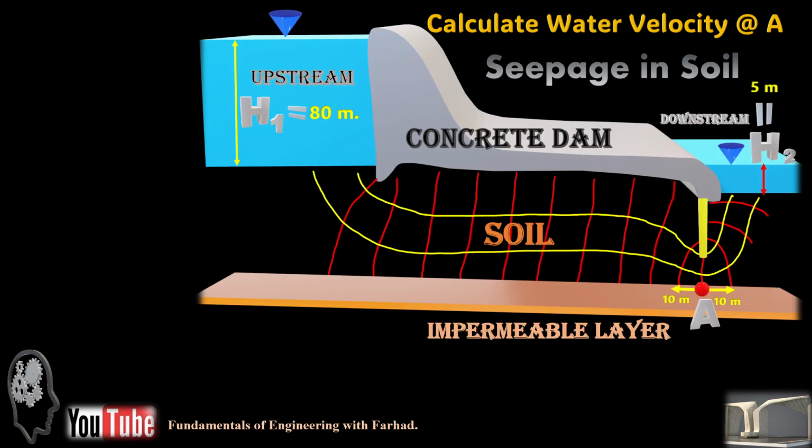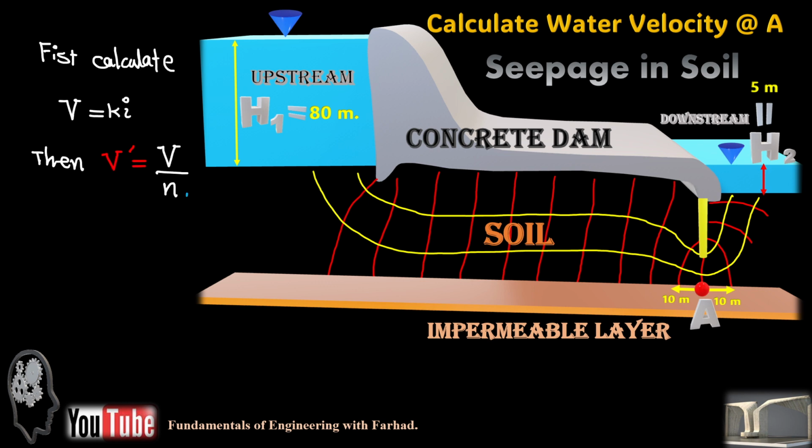So let's jump to the problem. First, we want to calculate the multiplication of hydraulic conductivity times hydraulic gradient.